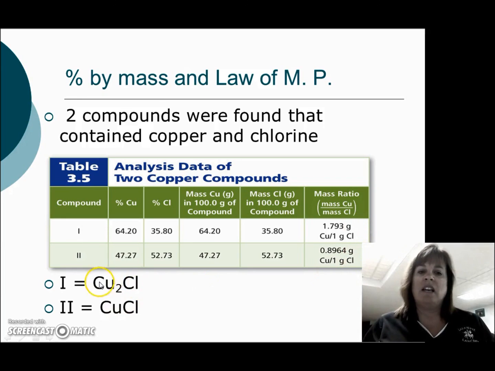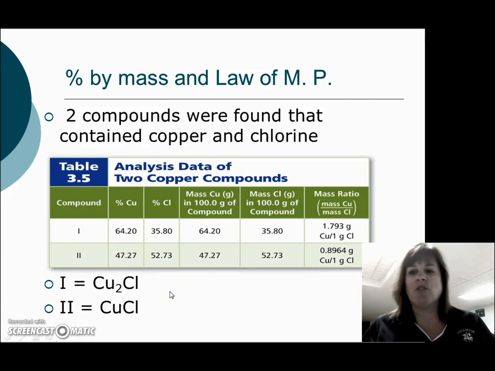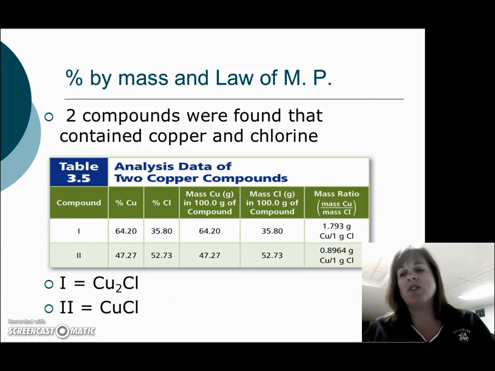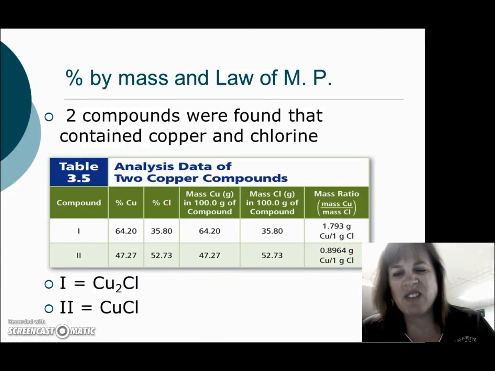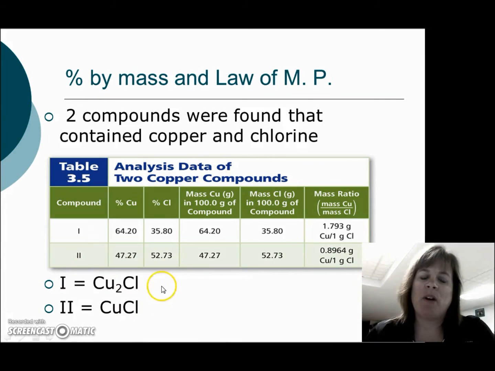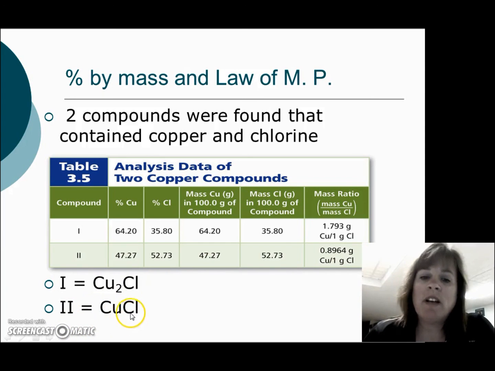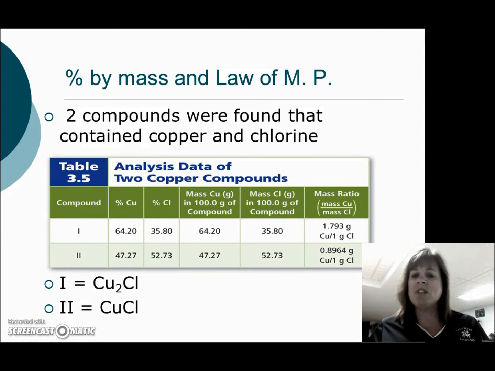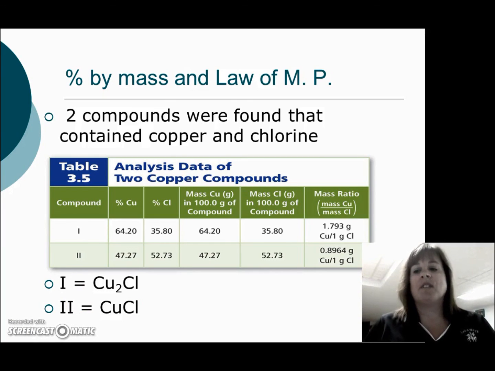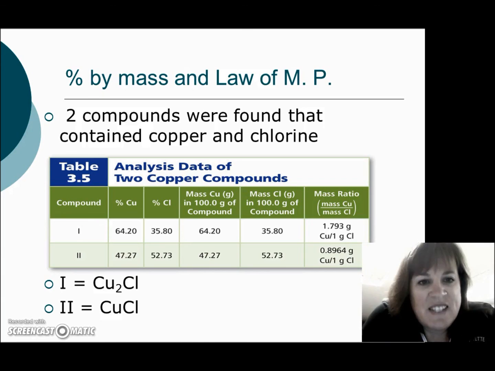And in fact, if we then did some conversions to moles and some mole ratios, which we're going to learn about later this semester, we would find out that compound 1 is actually copper(II) chloride. It has 2 coppers to 1 chlorine, and compound 2 is copper(I) chloride. So different amounts of copper and chlorine combine to make different substances, and I can tell them apart by using percent by mass. See you in class.